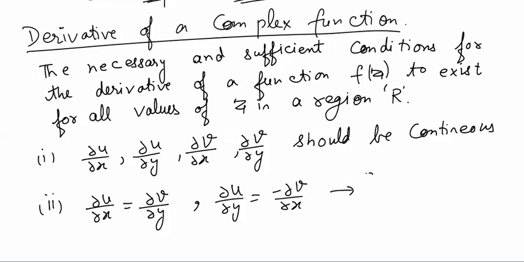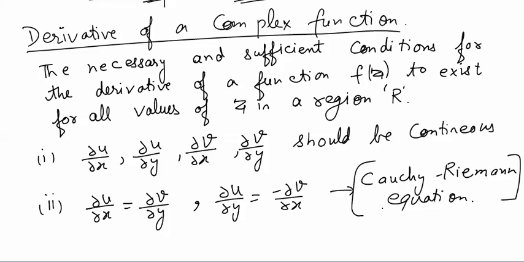These are called Cauchy-Riemann equations, named after scientists, or we call them CR equations in short form, right? If these two things are valid, then you can definitely say that the function is differentiable. Clear?